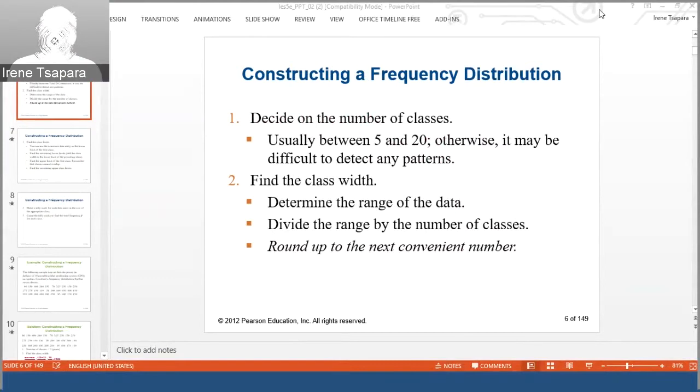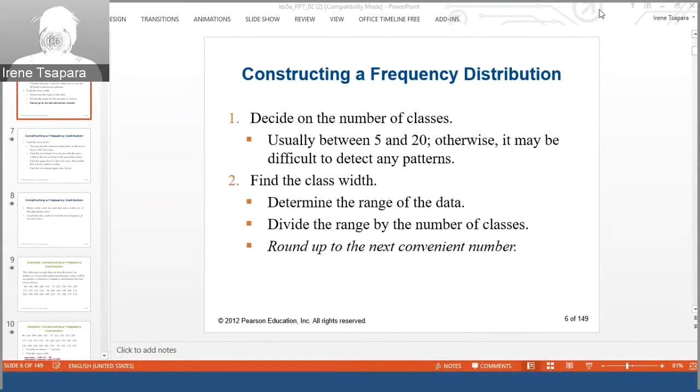Something that is extremely important is to decide how you will construct your classes. This depends on many things. First of all, it depends on how big the range is. If my grades fit between 1 and 30, it would make sense to have 30 different classes, because this would assign one grade to each class.